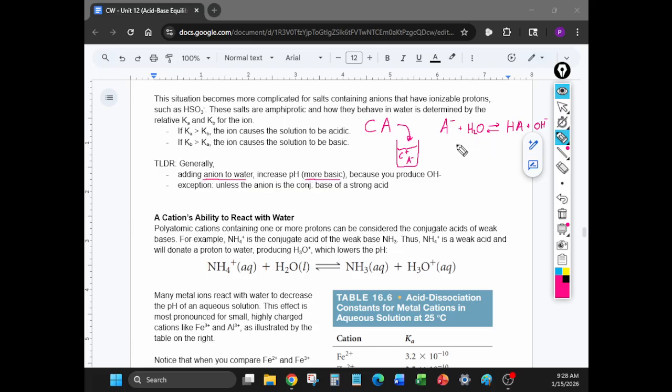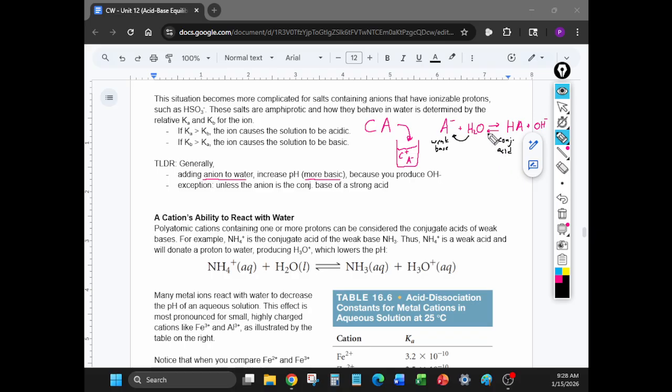So that's the effect that anions have in water. That's what we just talked about. This right here, the A minus, is a weak base. What it's going to do is take a hydrogen from the H2O molecule and produce its conjugate acid.